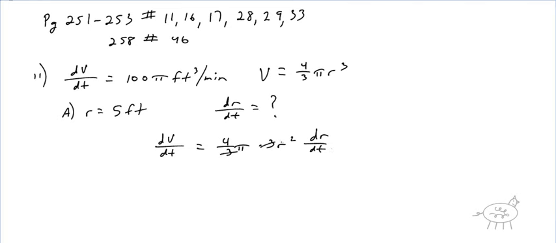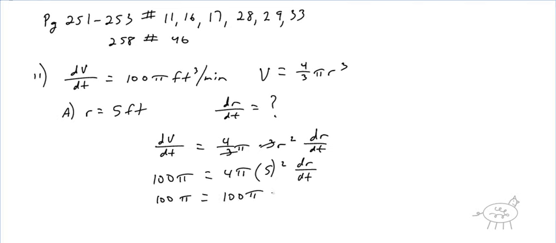Okay, so these threes cancel here. It's kind of nice. Let's plug some stuff in here. We have dV/dt, this is 100 pi. I'm going to leave the units off now, just so it's a little bit easier to plug in. So 100 pi equals 4 pi, and r is 5 squared, times dr/dt. So 100 pi equals 5 squared is 25 times 4, which is 100 pi, times dr/dt.